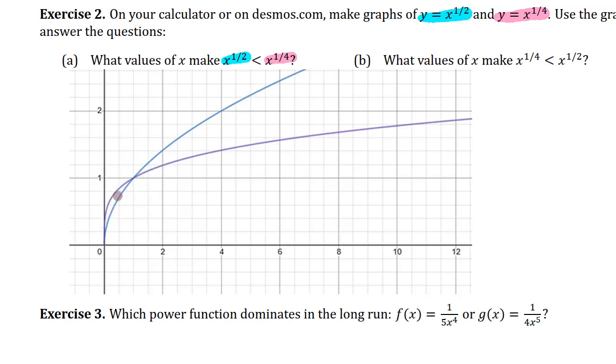Remember, x to the 1/2 gives the y coordinates of this one. This is like saying y is less than y. So the y coordinates are less over here.